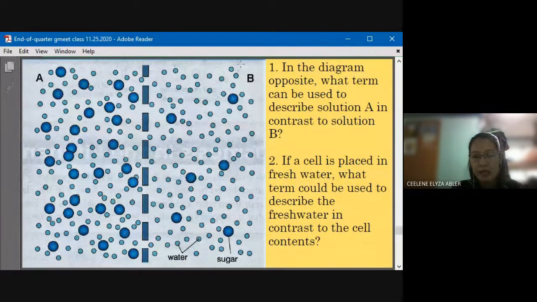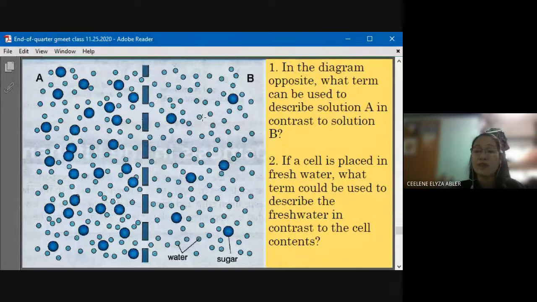Okay, dito si B. So, saan tayo na side? Sa left or sa right? Okay, so ang tatandaan ninyo is that ito yung hypertonic because it has a higher concentration of solutes. This is a hypotonic solution because it has a lower concentration of solutes.